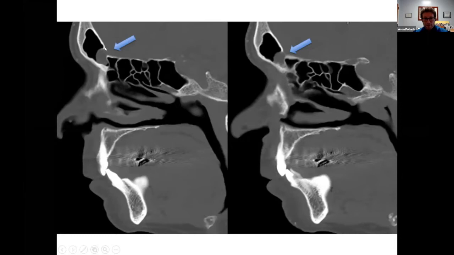And I see there's no bone here, and there's a continuation of this gray brain tissue through this into the nose. So something is not normal here. This is clearly either a meningocele, which is just brain lining with fluid, or a meningoencephalocele, which is brain and brain lining into the nose.